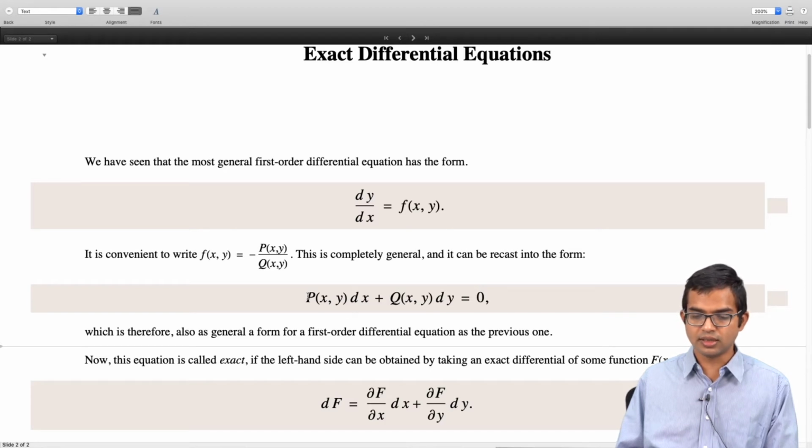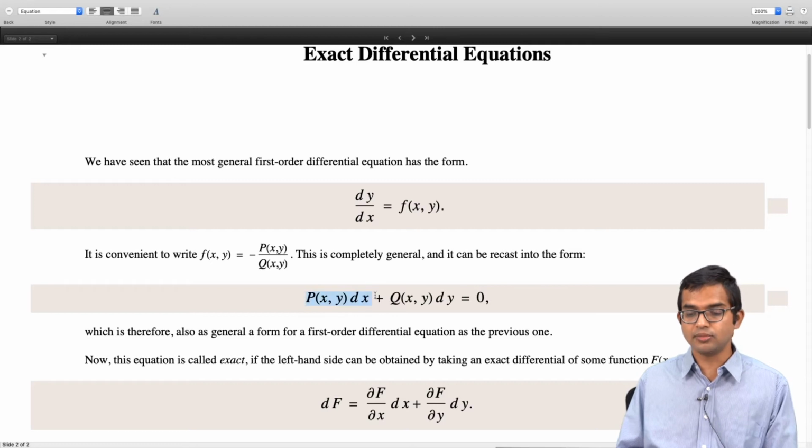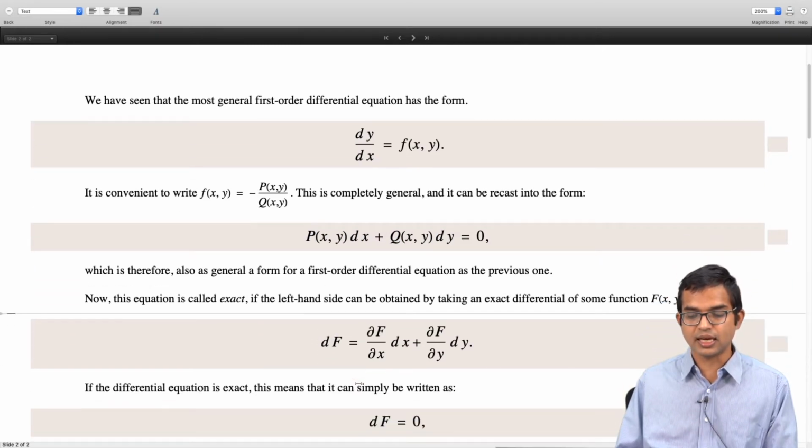So you see that the left hand side has some function times dx plus some other function times dy, right? If it so happens that this left hand side can be obtained as the exact differential of some function f, then we say that the differential equation is exact, right?